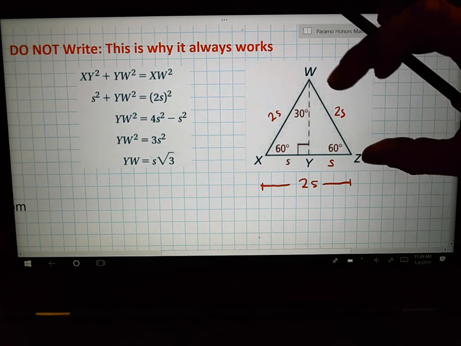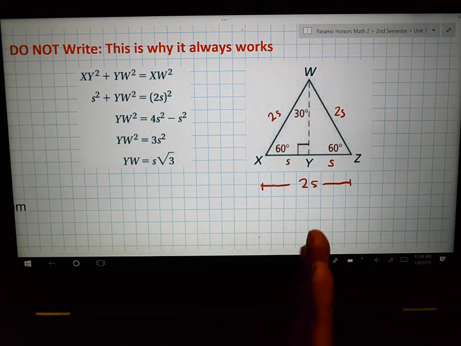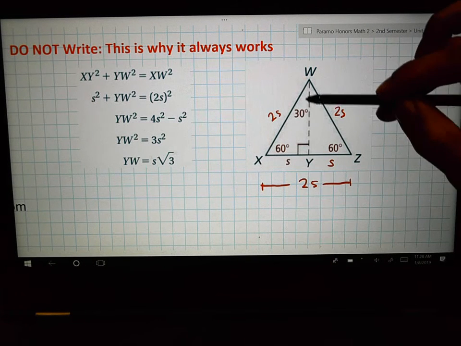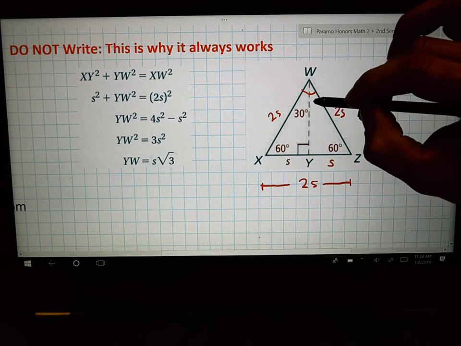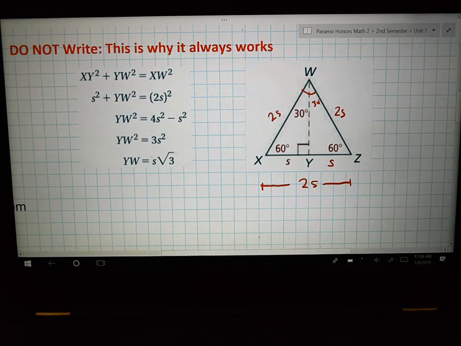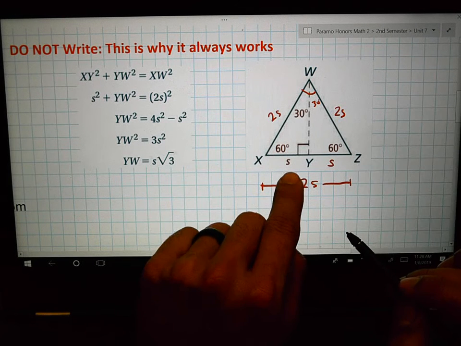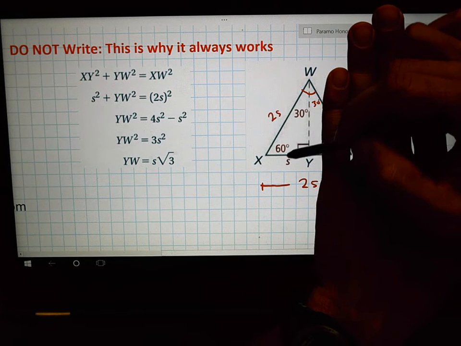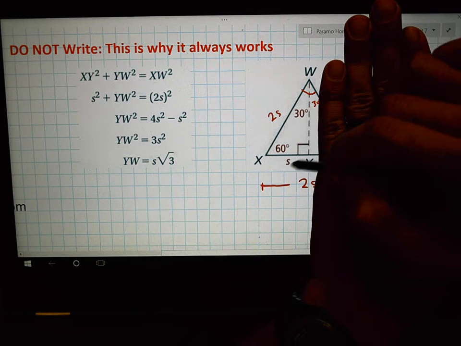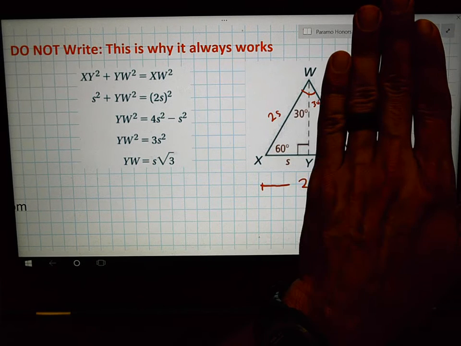If this side is 2s, and this side is 2s, and this side is 2s, and you do the perpendicular bisector, you cut that 60 degree angle in half, you get 30 on this side and 30 on this side. Half of 2s is an s on this side and an s on that side. And if you had an s and a 2s, and you were to do the Pythagorean theorem on this, you could find that third side, which will be s root 3.